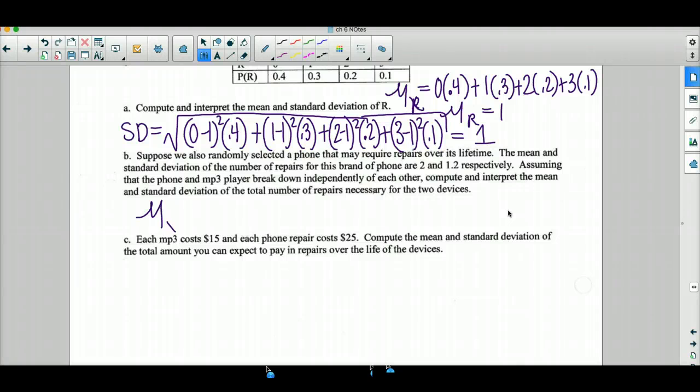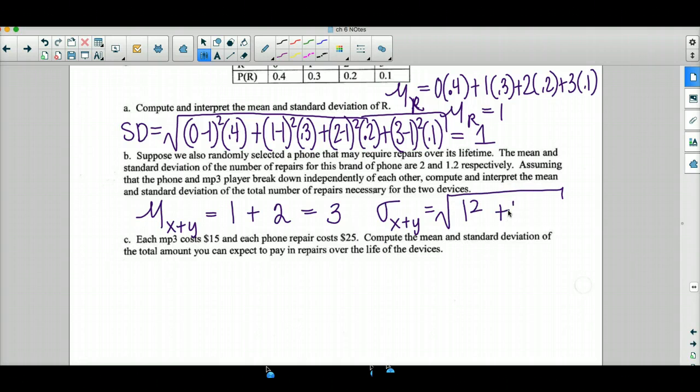So the mean of x plus y is the mean of 1 plus the mean of 2, which will give you 3. The standard deviation of x plus y is the square root of 1 squared plus 1.2 squared. And I have 1.562.